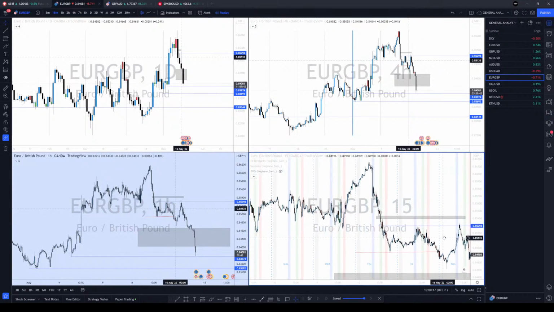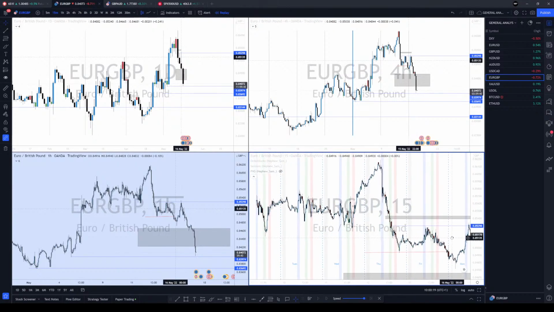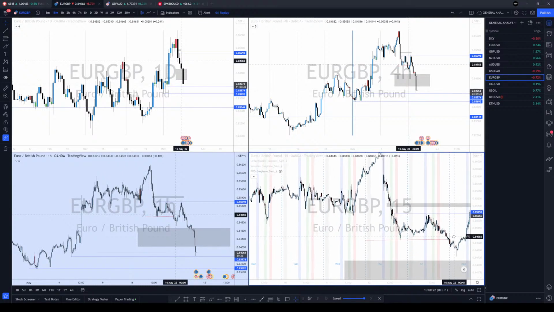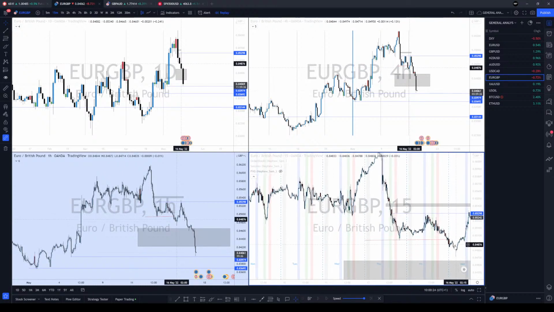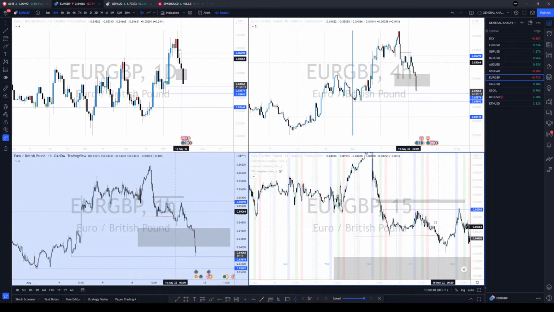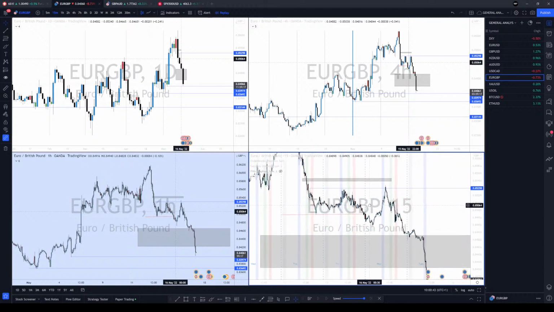All right, so here, if you were thinking of buying this pair, all right, yesterday, and then this is Asian session, okay, and then price rallies up like that, forget the buy, it actually was a sell day.